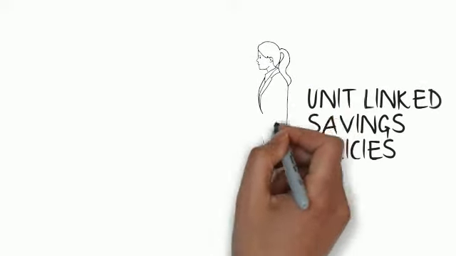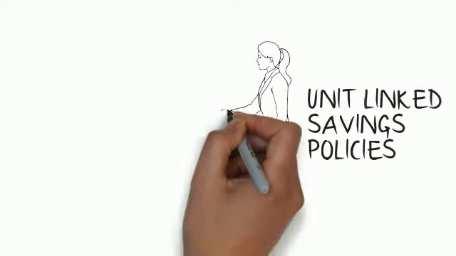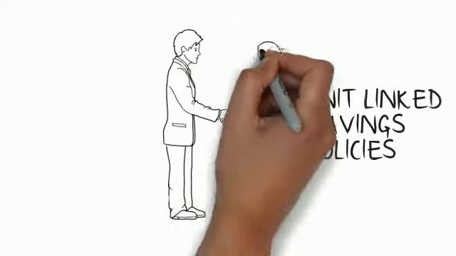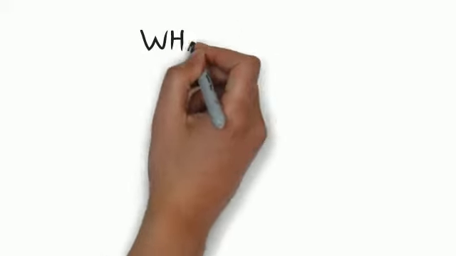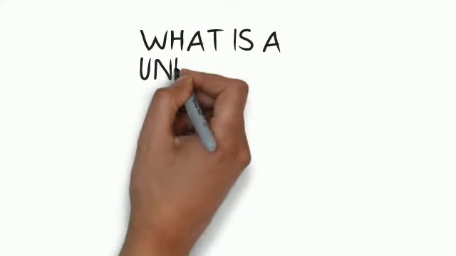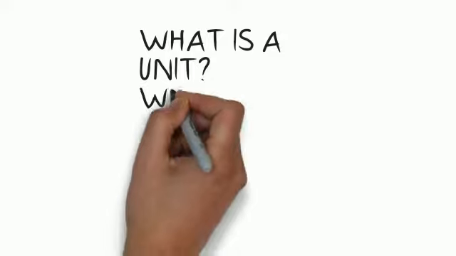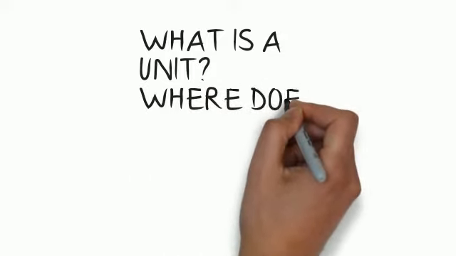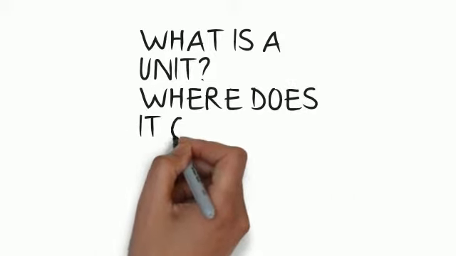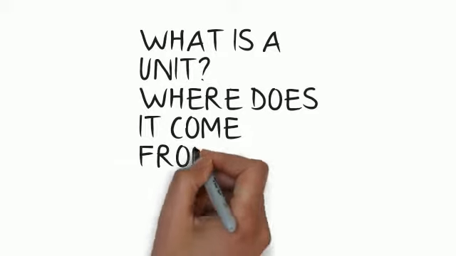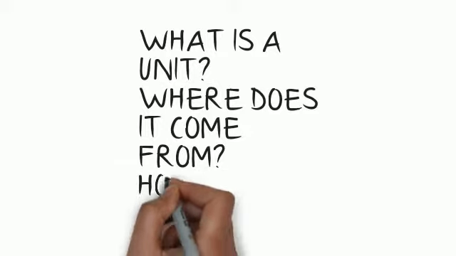Unit-linked policies have a certain mystery about them, and what we are trying to bring forward here is, what do they mean when they say a unit-linked policy? What is a unit? Where does the unit come from? How do you buy units?